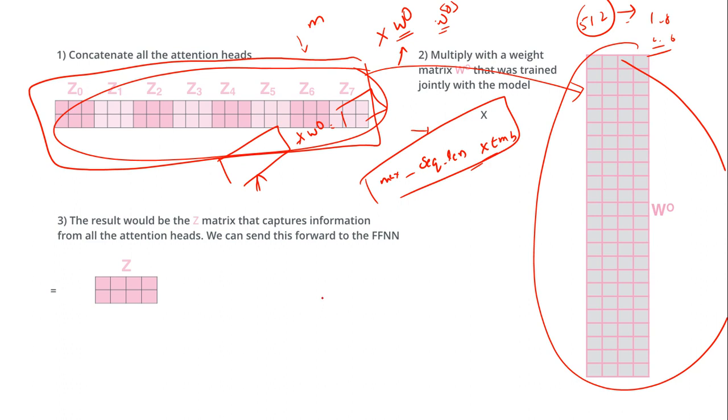Whenever you are using the Keras framework, you can directly use multi-head attention, and it will take three inputs as well as a mask. I'll tell you about the mask in a later video. For now, understand what we are giving as inputs: three inputs, query, key and value. It will implement multi-head attention for us.